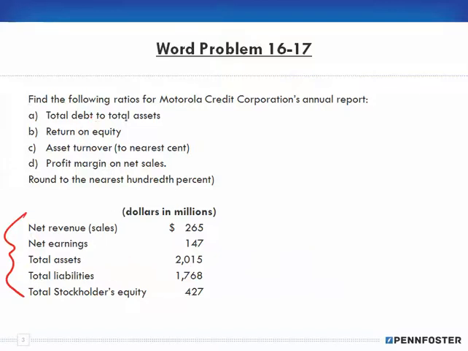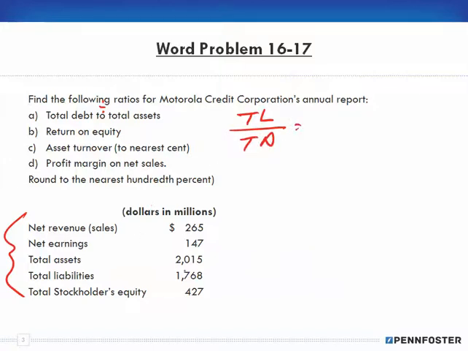So for A, total debt to total assets. Remember, debt is liabilities, right? So we're looking basically at our total liabilities, "to" meaning divided by, total assets.